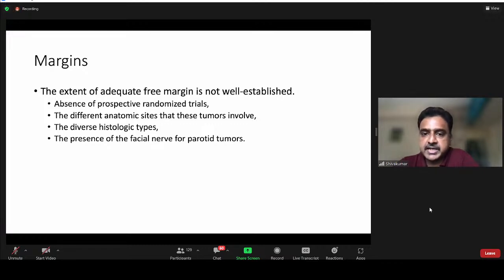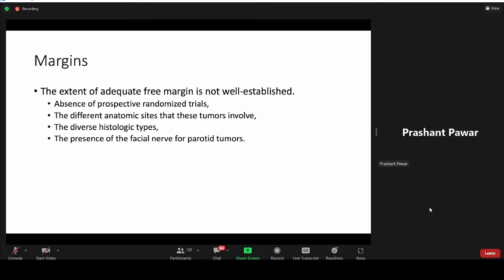All these things make the question of margins in parotid tumor a bit controversial, if I should put it that way. Does the panel agree with me on this, or do we have a different opinion? If you can just make a short point on this, we can go ahead with the actual case.